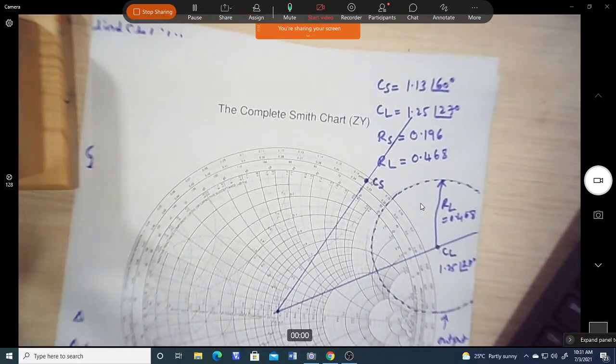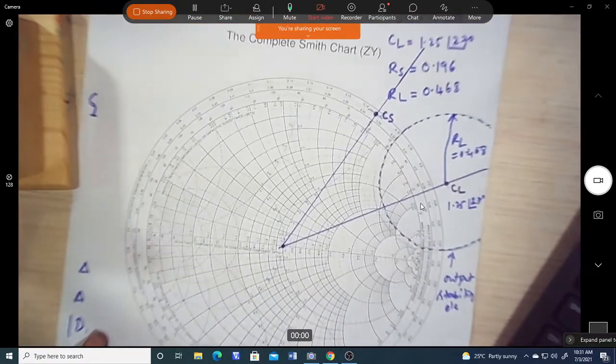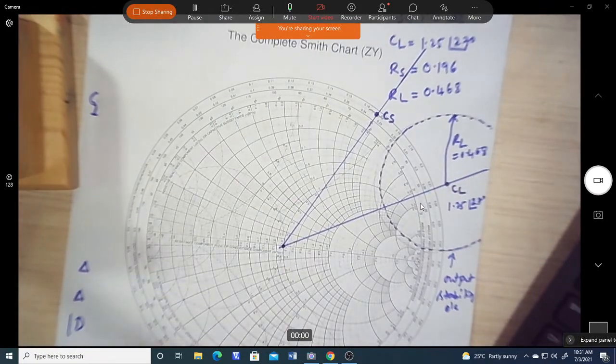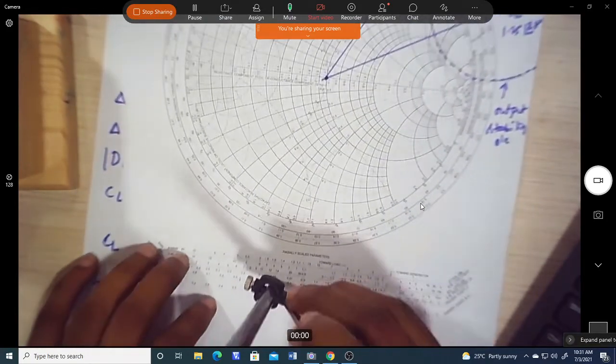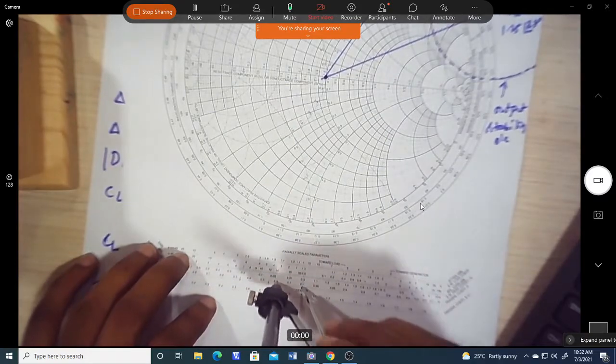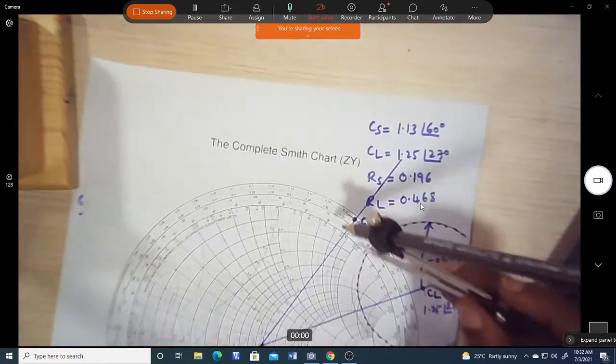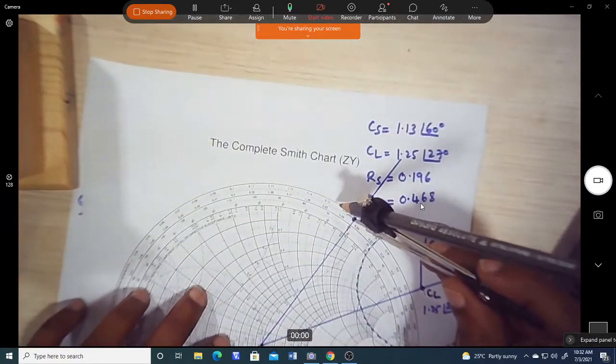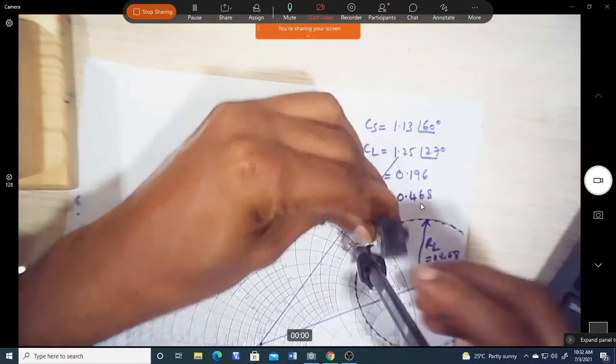So now what is the radius RS? It is 0.196. So take 0.196 approximately from this reflection coefficient scale. Around 0.196 I am taking, and taking that radius I draw the input stability circle.